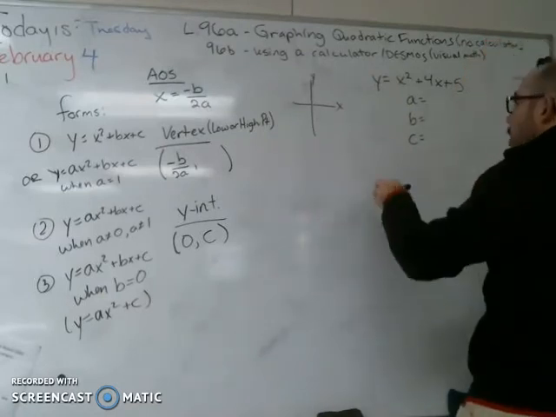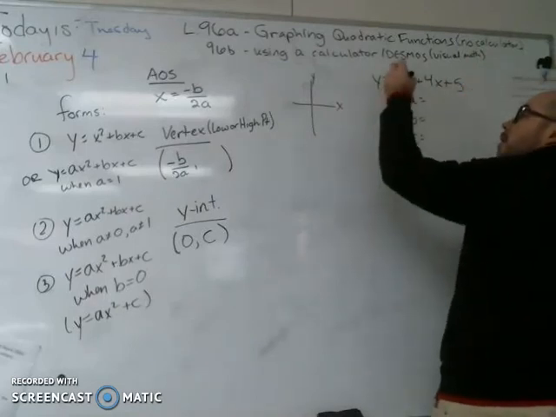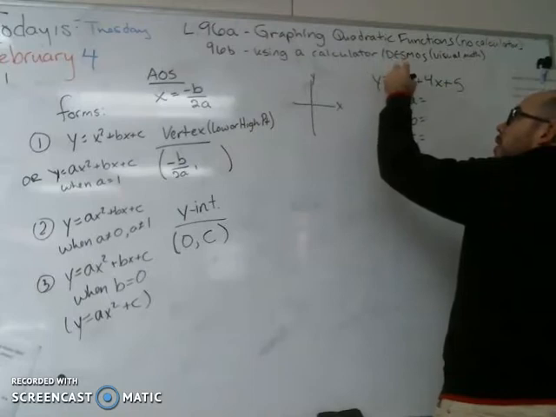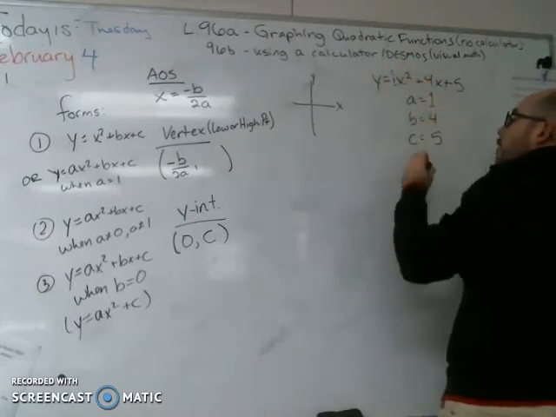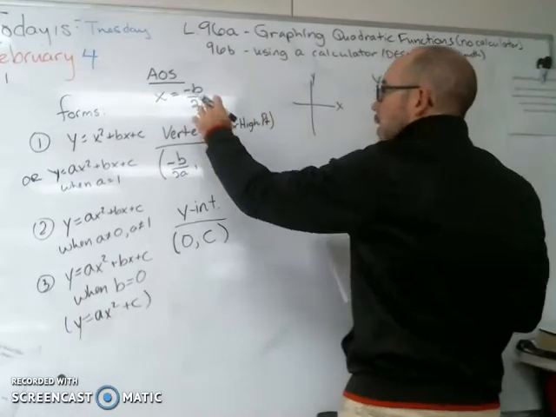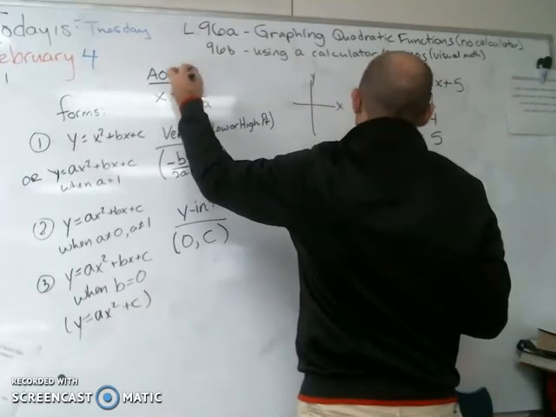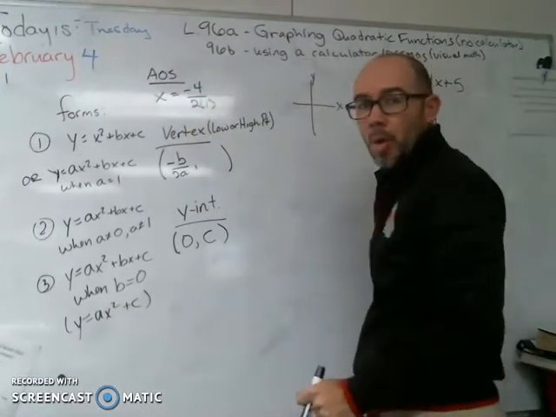The first thing we're going to do is collect some information. We've got to figure out what a, b, and c are. Well, a is an understood 1 there. b is 4 and c is 5. So if we would like to find the axis of symmetry, we plug into the formula and get negative 4 over 2 times 1.